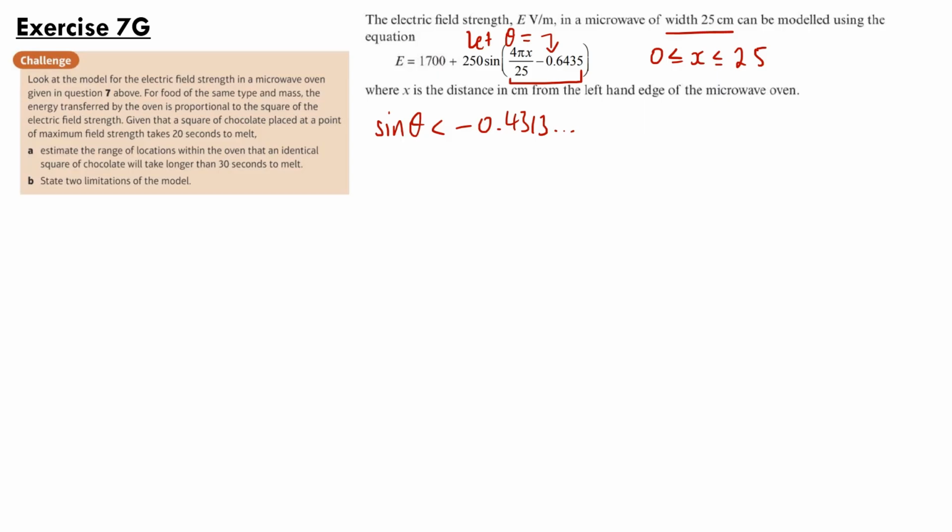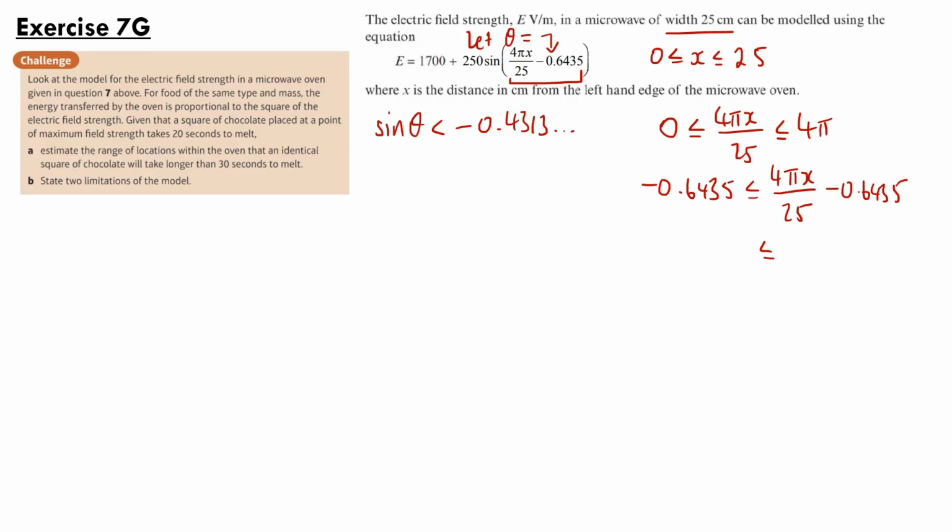To do that, we can multiply all sides of this inequality by 4 pi over 25 and then take away 0.6435. If we times by 4 pi over 25, then the right hand side is just 4 pi. Then we take away 0.6435 and see that theta, which is this thing in the middle here, has to be between minus 0.6435 and 4 pi minus 0.6435.